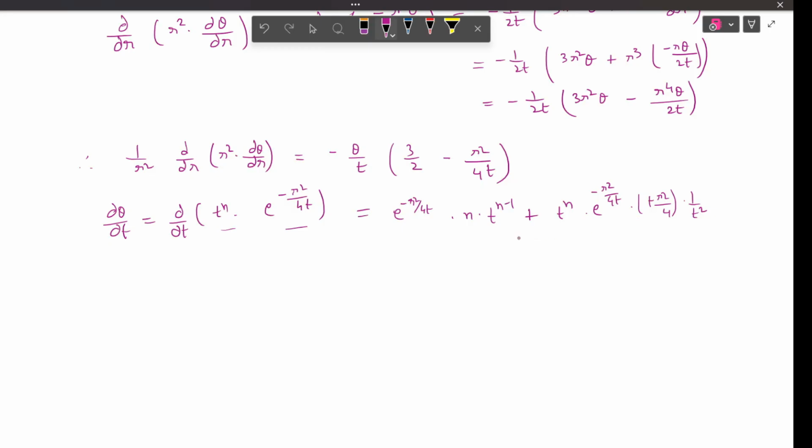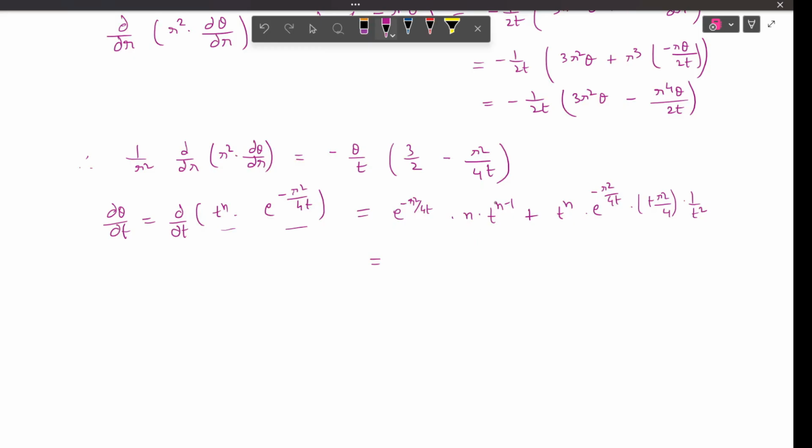Okay, now if we see this t to the power n, here we can write this as t to the power n by t.